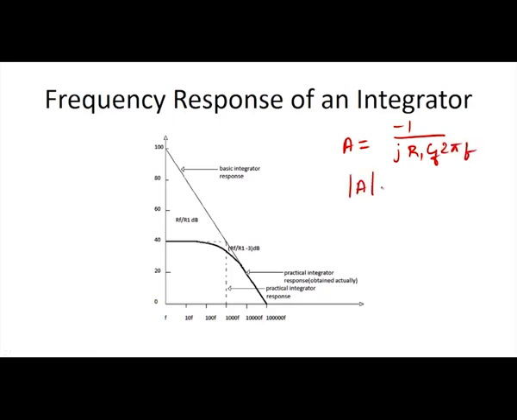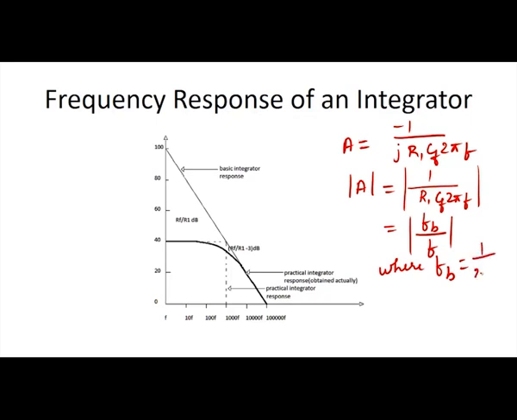If you take the mod of the gain of the integrator, you will get 1 by R1 CF 2 pi f, where the negative sign and the imaginary term go off. So, this can be represented by FB by F, where FB is equal to 1 by 2 pi R1 CF. So, this is the gain of the ideal integrator.